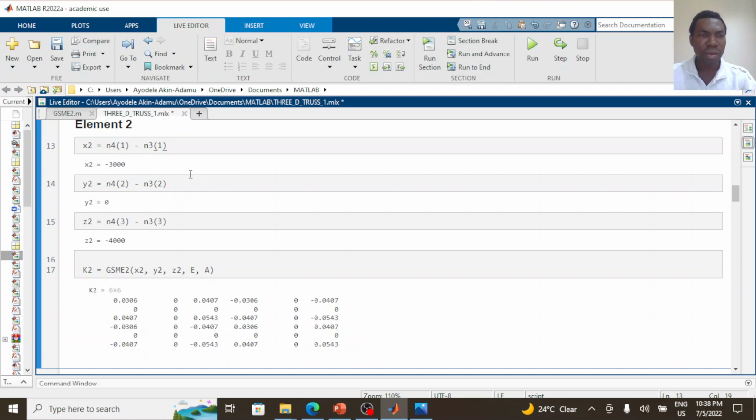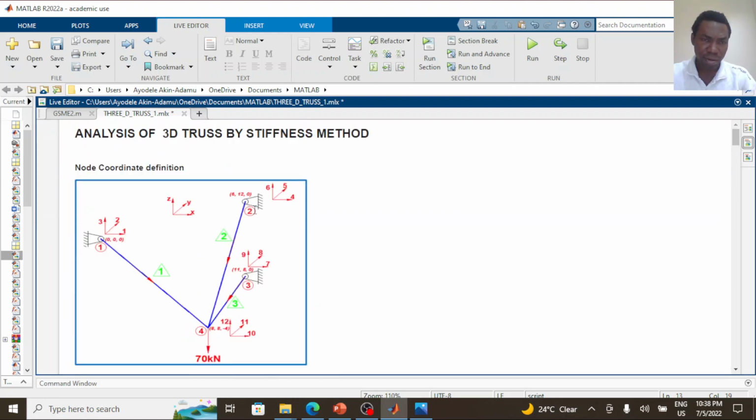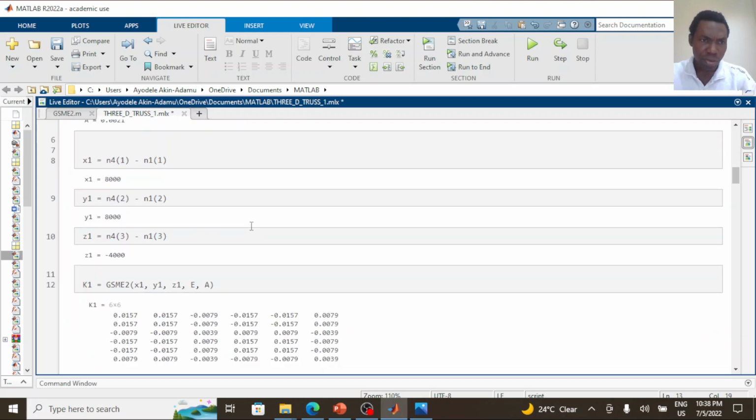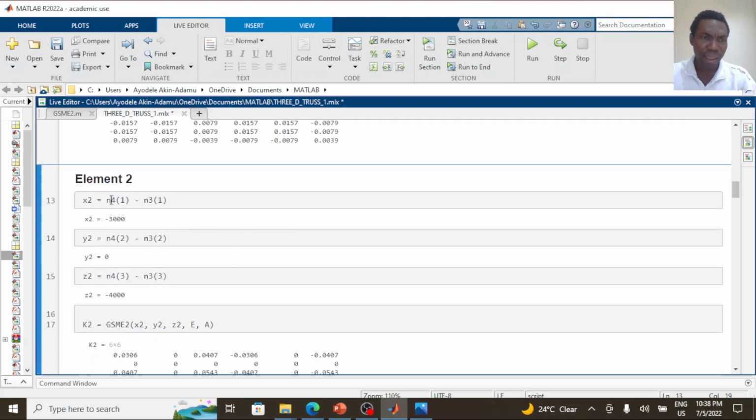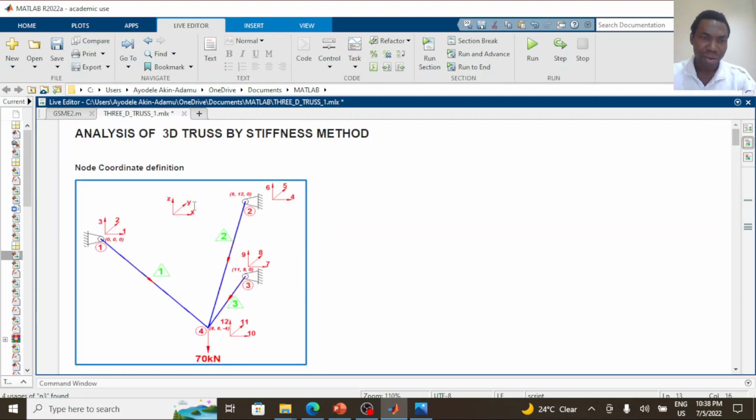So we do the same thing for element 2. This is element 2 here, and it's located between node 2 and node 4, and the arrowhead is pointing towards node 4. It means that node 4 is our end node. So it will be n4 minus n2. So that is why in element 2 we have n4 minus n3. This is a mistake.